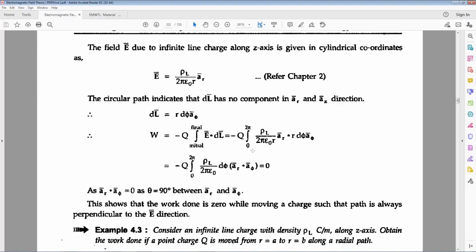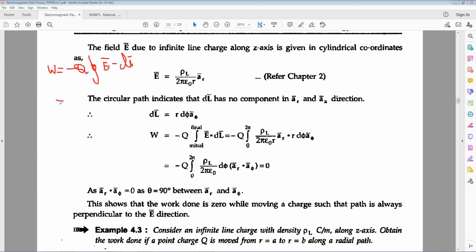Next, E bar is equal to rho L by the 2 pi epsilon naught R into AR bar, as for the infinite line charge along the z-axis in the cylindrical coordinate system. So using the work done, W is equal to minus Q integral E bar dot dl bar.